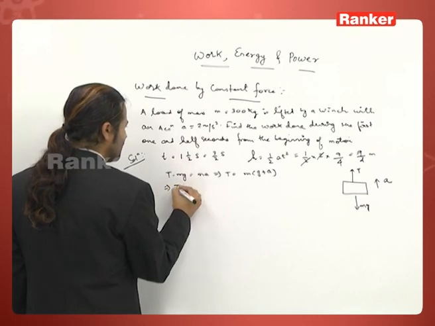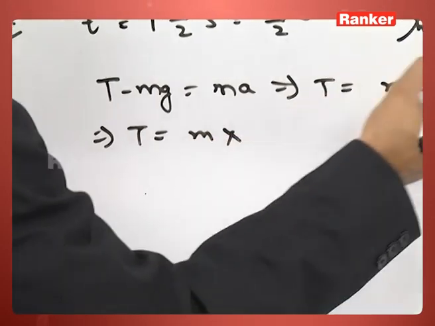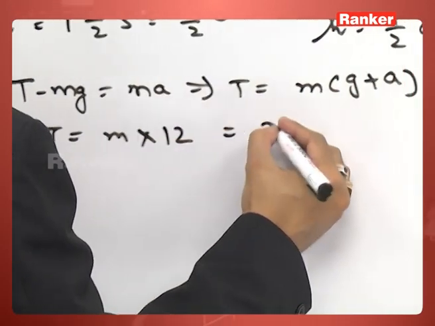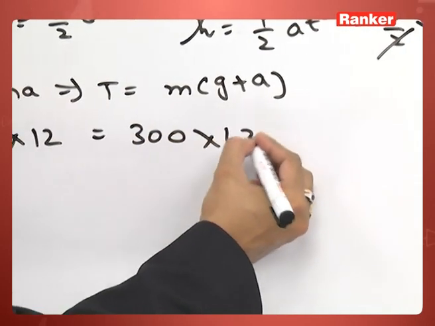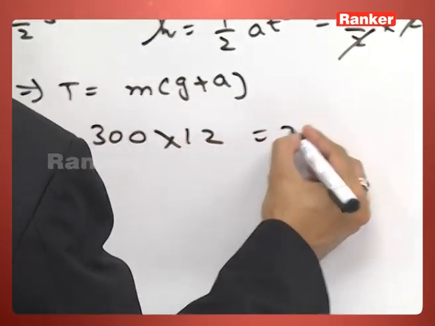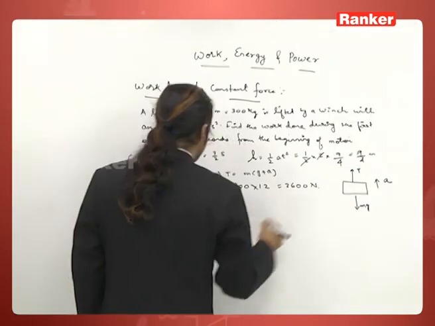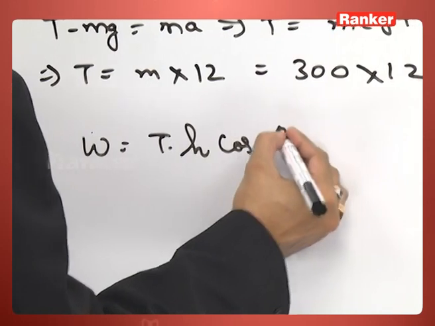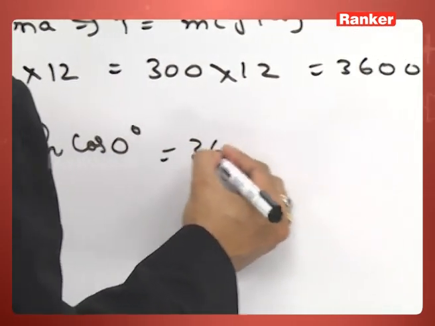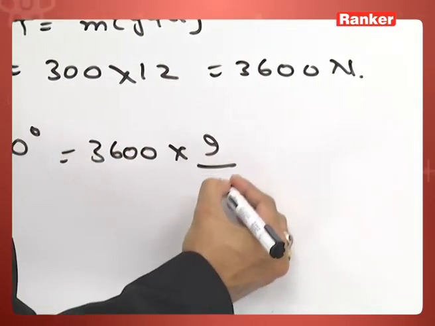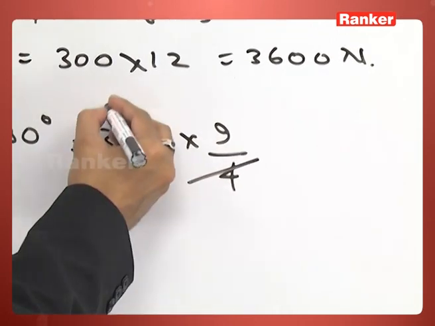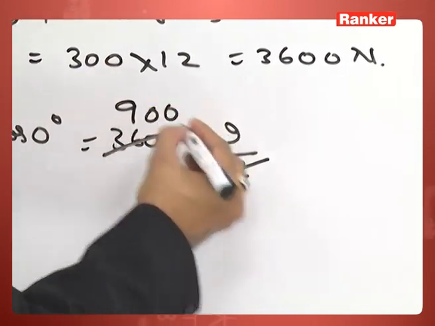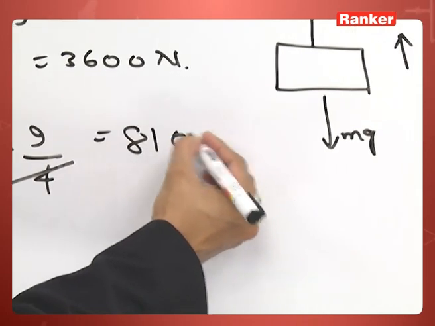So that becomes T is equal to 300 into 12, so this becomes 3600 Newton. So work done is equal to T into h, they are in the same direction, cos 0 degree, so 3600 into 9/4, which is 8100 joule.